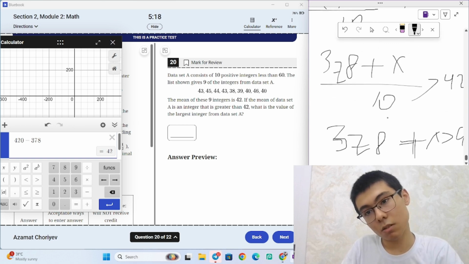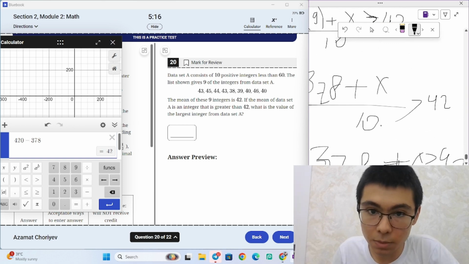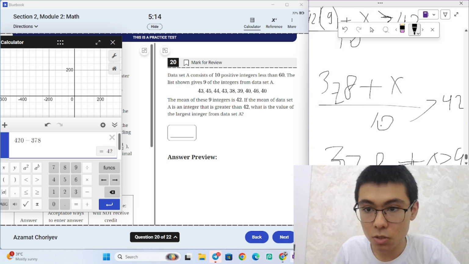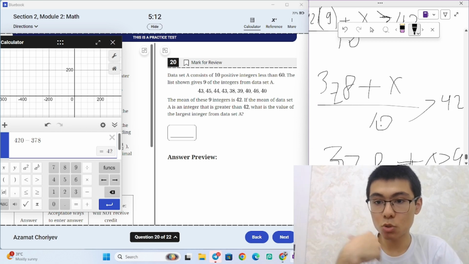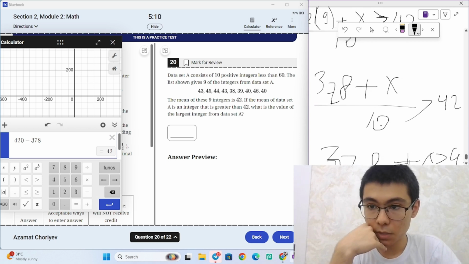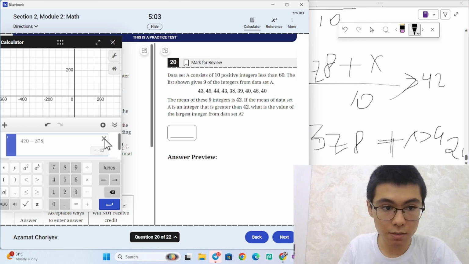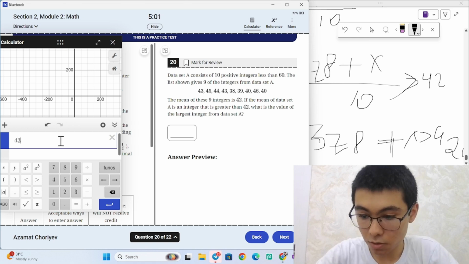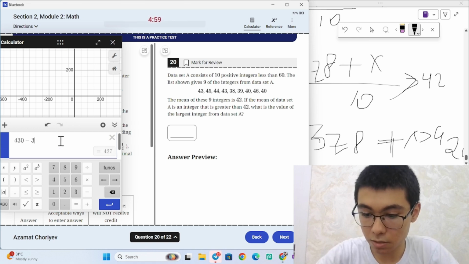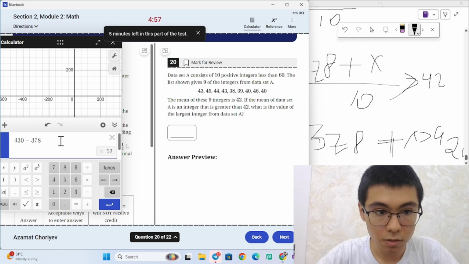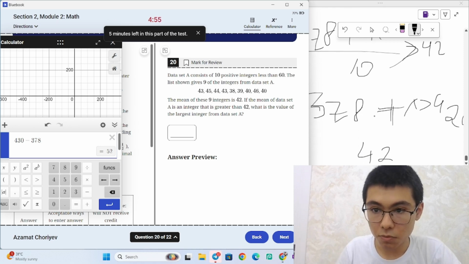So the best way is to put those numbers, I believe. Let's put 43 instead of 42, and then we get 430 minus 378, so 52.